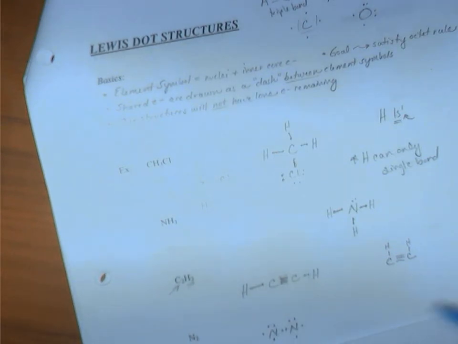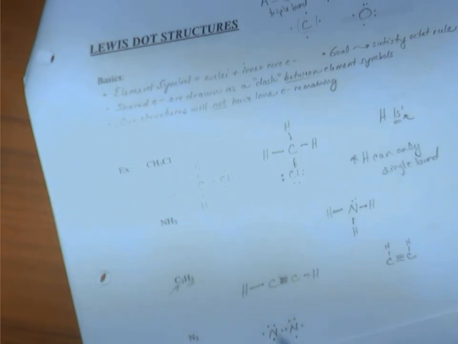And that is fine. They may draw open circles or X's. That is okay, although Lewis dot structures, traditionally they are dots. So that's how I will draw them. That's how you see that Zumdahl draws them. So that is the way that I always approach it.